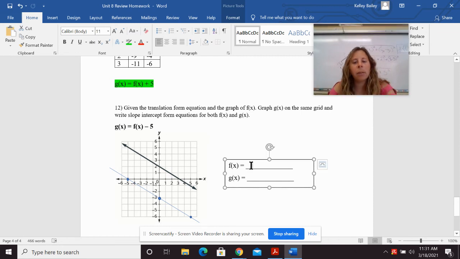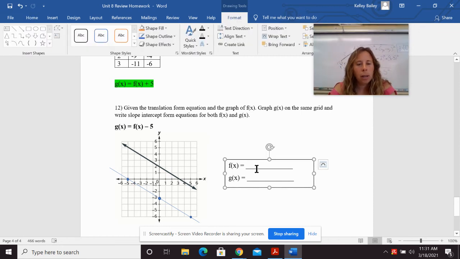Up 3 over 5. Well, actually, we'll go the other way. Sorry. So we're going to go down 3, then over 5. Down 3 over 5, and then my y-intercept is 2.